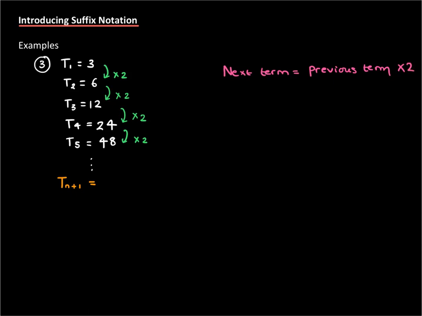So Tn plus 1, which is the next term, is the previous term, Tn, multiplied by 2. But rather than writing times by 2, we'll write 2 lots of Tn like that, which is a neater piece of algebra. So again, here's our iteration formula.